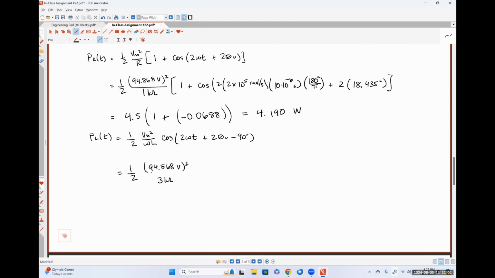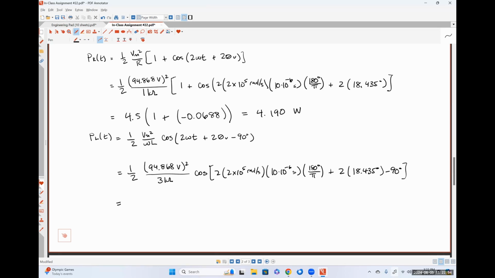Multiply that by cosine of, these braces like I did, twice 2 times 10 to the 5 radians per second, 10 times 10 to the minus 6 seconds, 180 degrees over pi, plus twice 18.435 degrees minus 90 degrees.